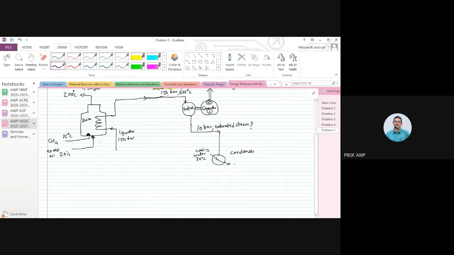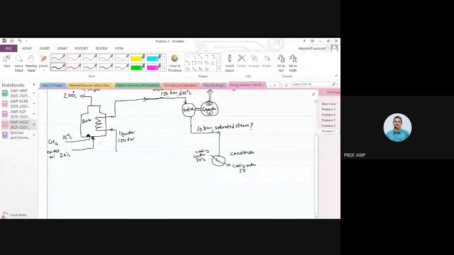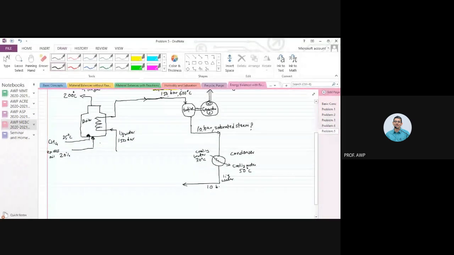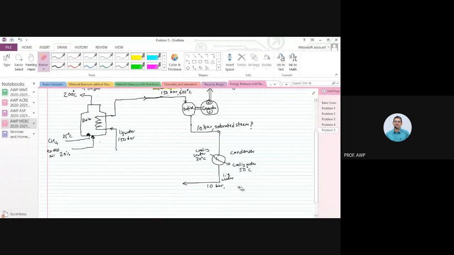Cooling water now gets heated up to 50 degrees centigrade, and then we get liquid water. So let's say this liquid water is now at 10 bar and it is saturated. Is that okay? Is everybody okay with this?